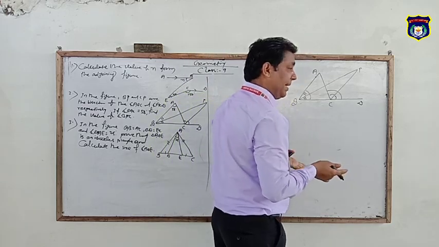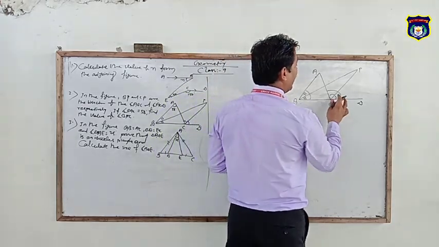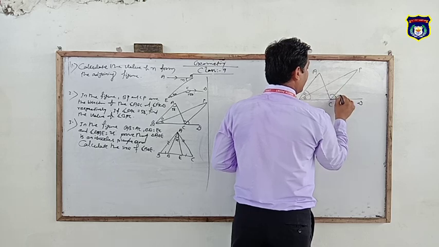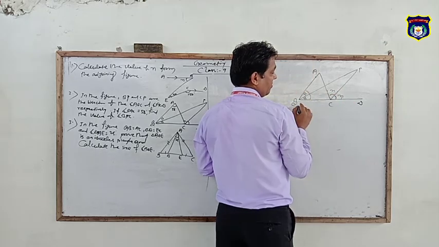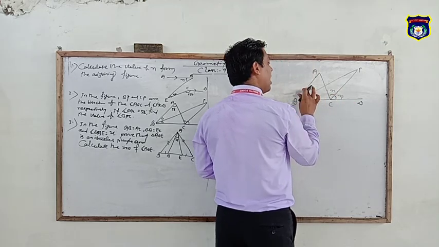I think bisector means equal two parts. So we can write each of these angles as X, and each of these angles as Y.